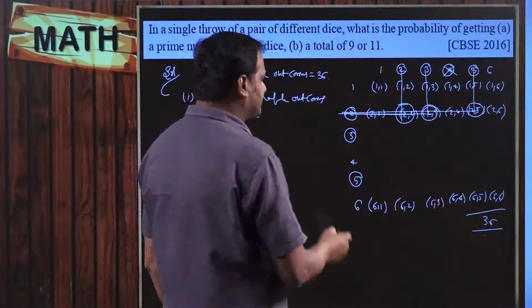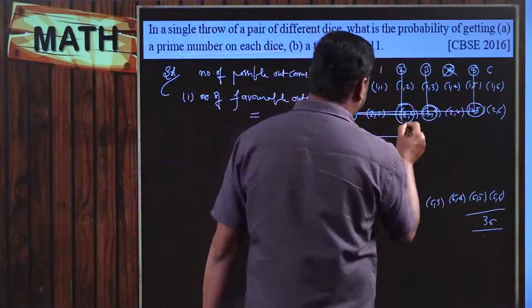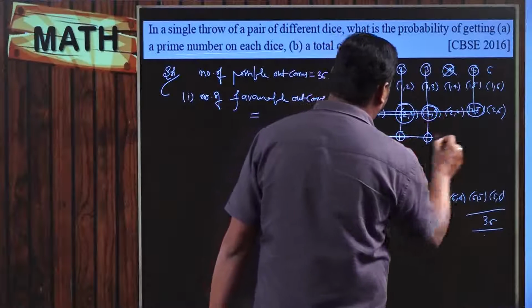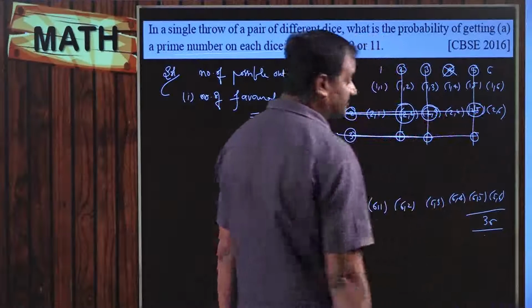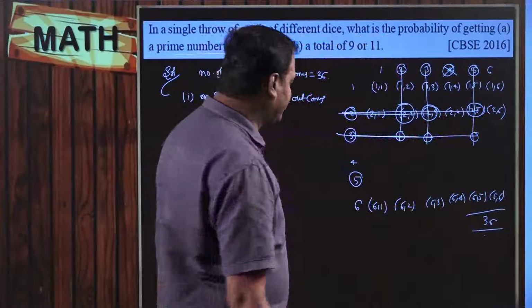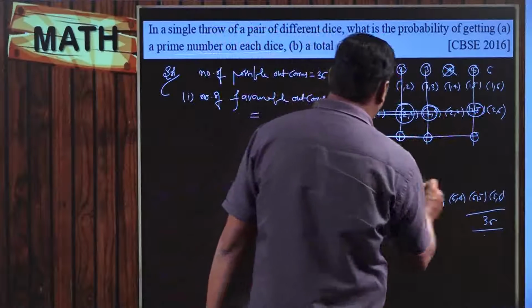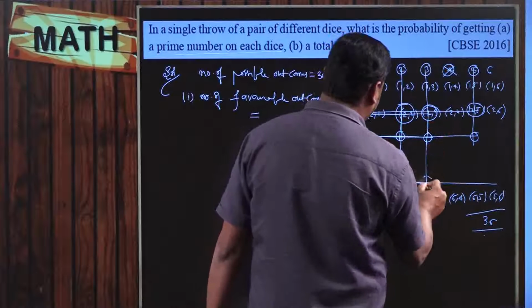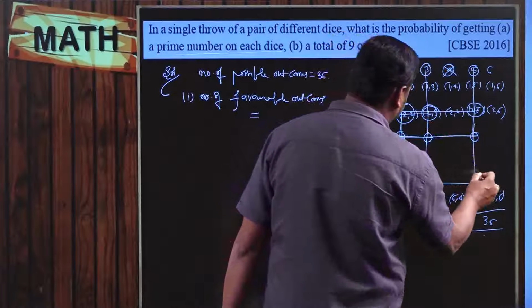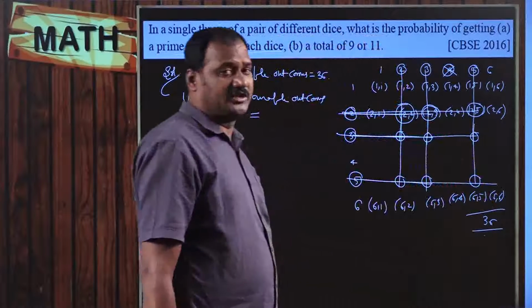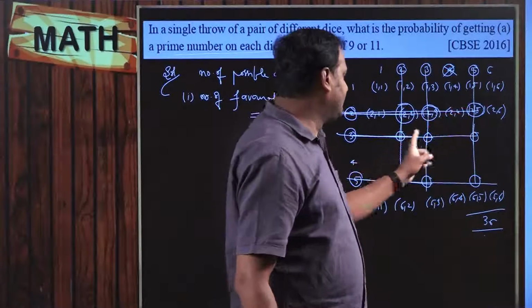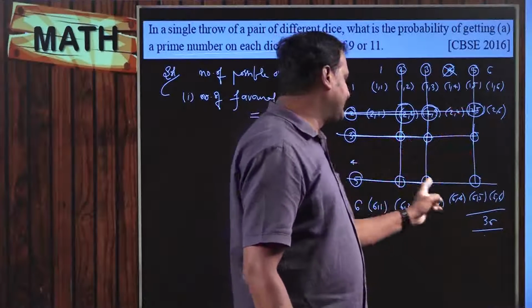So these three are the combinations of 2. Now with the combinations of 3, 3 comma 2 is a prime, 3 comma 3 is a prime, and 3 comma 5 is also a prime, because both must be primes. And 5 comma 2 is a prime, 5 comma 3 is a prime, as well as 5 comma 5. So totally how many outcomes have primes on both dice? 1, 2, 3, 4, 5, 6, 7, 8, 9.